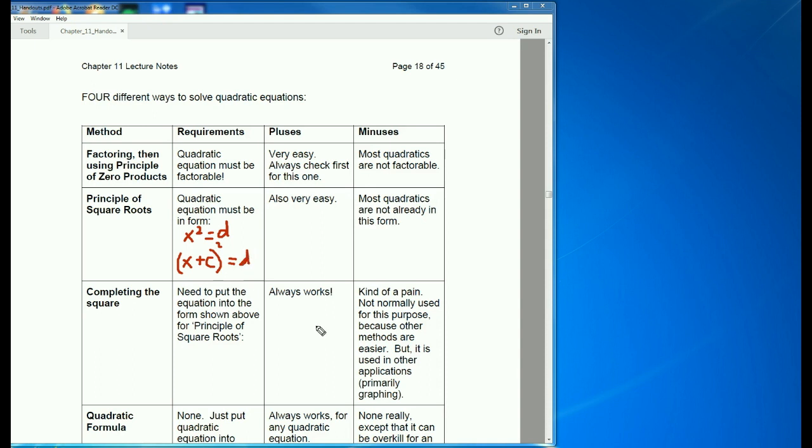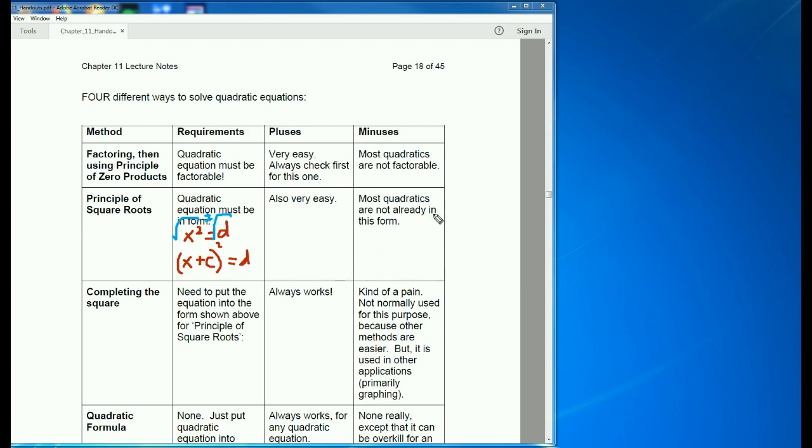Okay? So the plus for that is that it's very easy. Remember, you just take the square root of both sides, and remember, in this case, to apply your plus or minus.